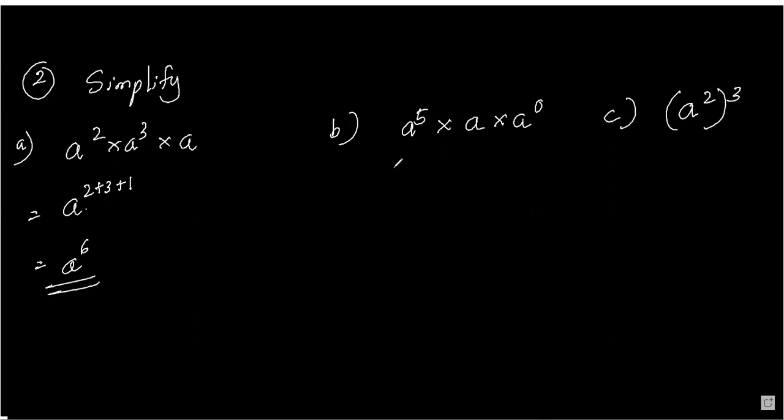A to the power 6. A to the power 5 plus 1 plus 0, a to the power 6. A to the power 2 into 3, a to the power 6. Right? Then you can write like this. These are the answers for these three sums. I think you can do it easily, right? This type of indices.